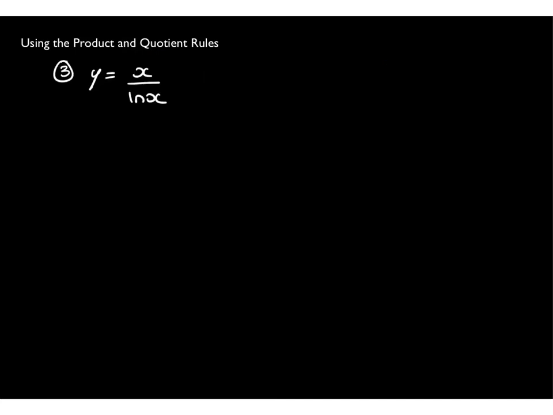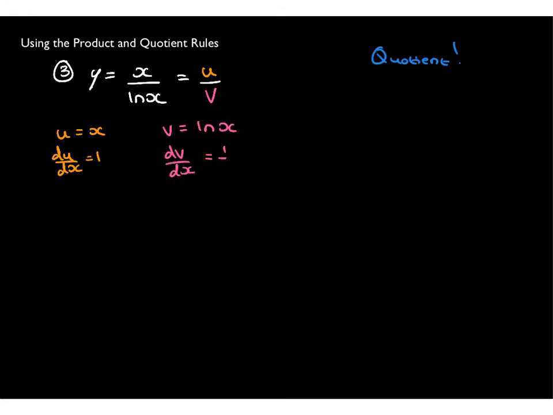So question 3, can you recognise that this is a quotient? So we're going to use the quotient rule. So we need to make sure we can identify the two parts of this. We've got u over v. So u is equal to x and v is equal to ln x. du by dx is equal to 1. dv by dx is equal to 1 over x.